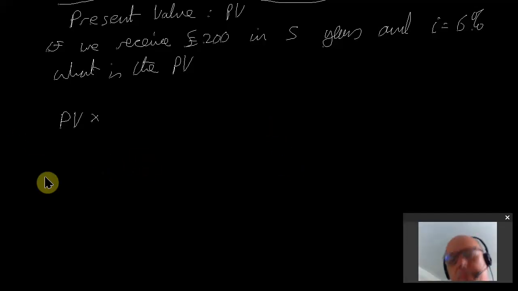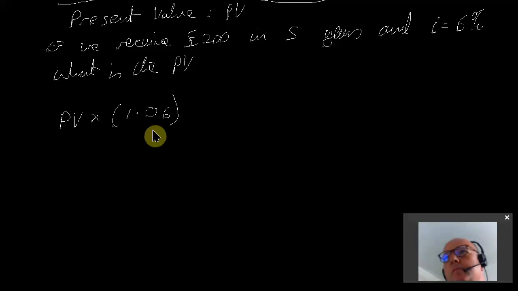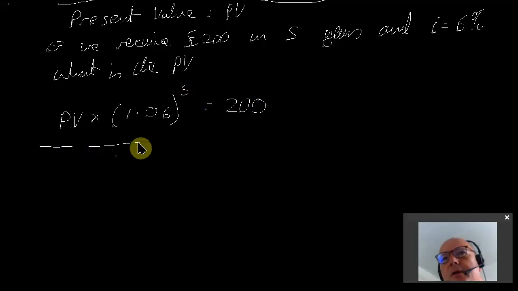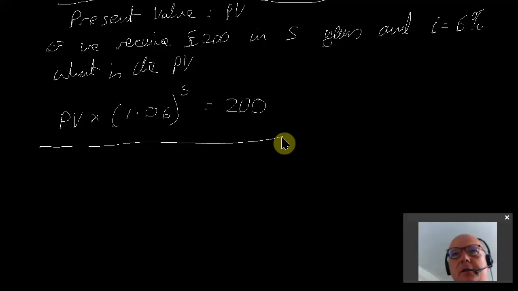So we do present value times 1.06, because it's 6% interest, to the power of 5, is equal to 200. What that equation allows us to solve is how much money we need now so that it will be £200 in 5 years' time at 6% interest. And then it's just algebra.